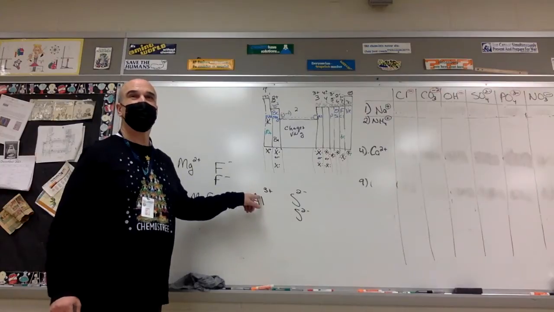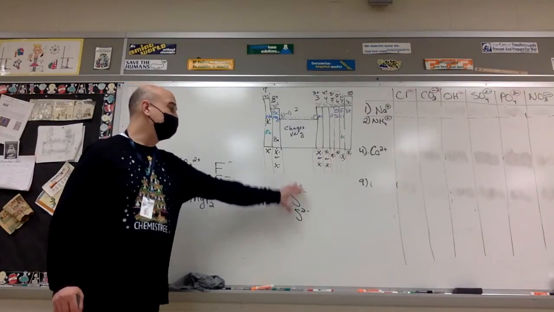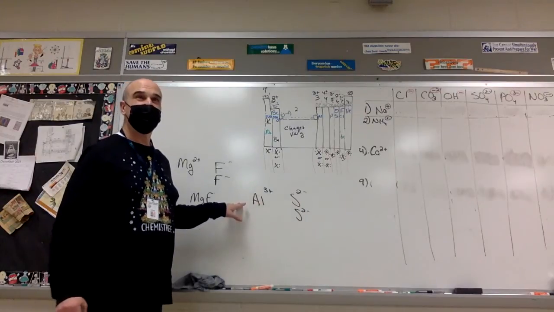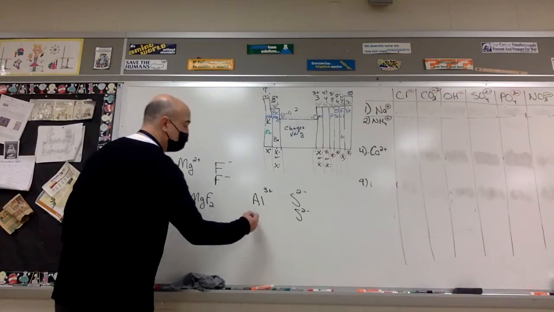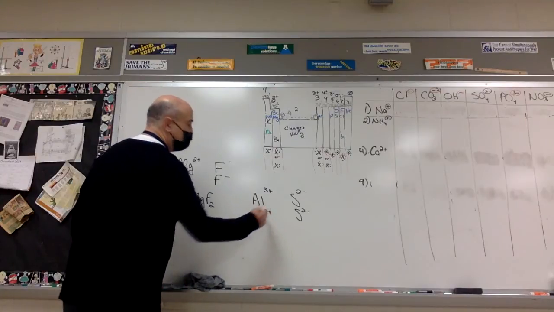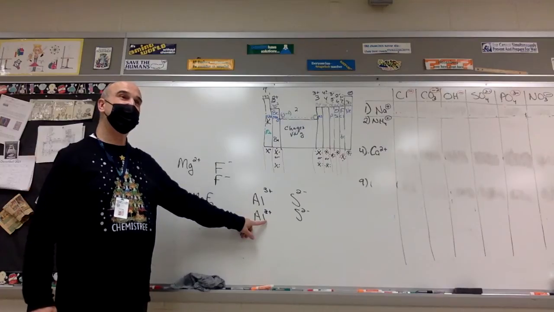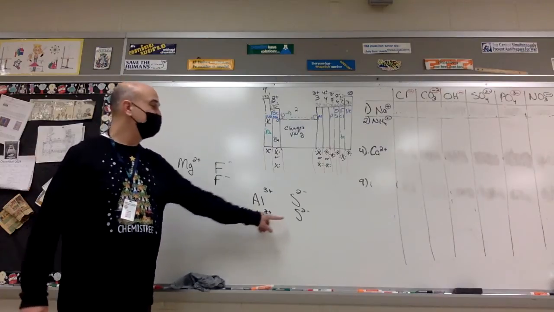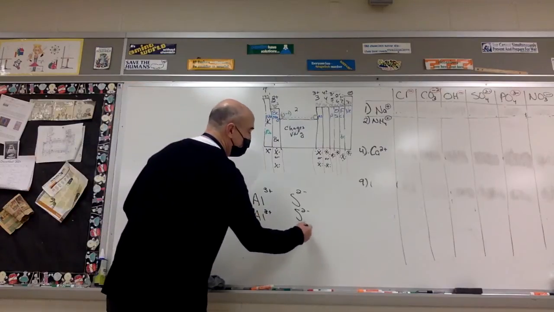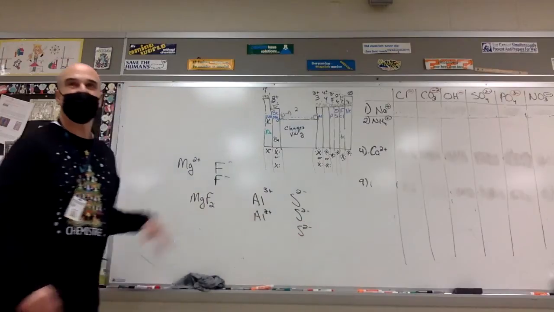That's still positive 3. So now I have more negative charge than positive charge. If I add another aluminum, now I have positive 6. Add another sulfide. Right, now I'm at -6 and positive 6, right?